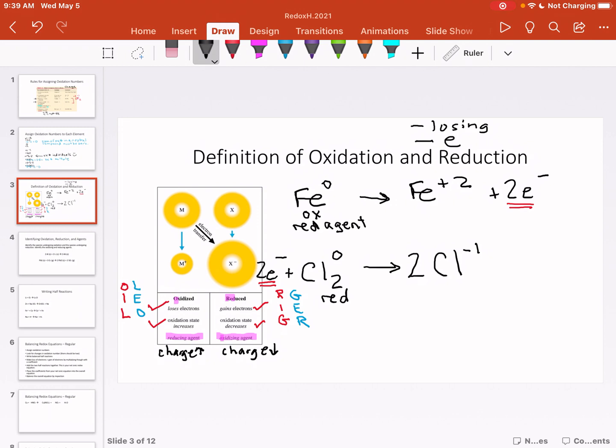And if we had to say who is the oxidizing agent, it is the Cl2, 0. In other words, they always want who's oxidized, who's reduced, who's the oxidizing agent, who's the reducing agent. You always shoot for the guy on the left-hand side of the arrow, the before, not the after.